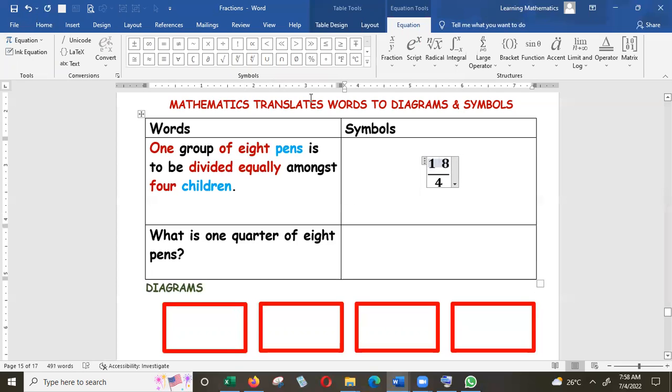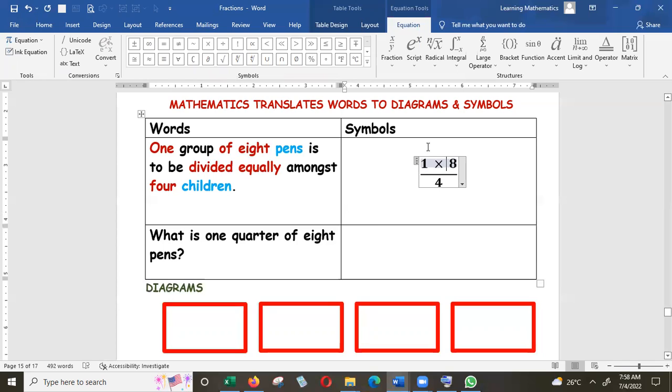Specifically in fractions, also other areas in math, but more frequently in fractions, the symbol for of is the times. So you can replace the word of with a times in fractions. So one group of 8 pens is to be divided equally amongst 4 children.